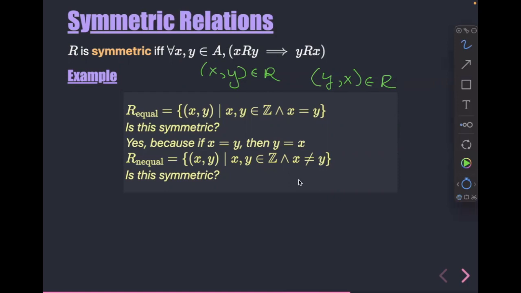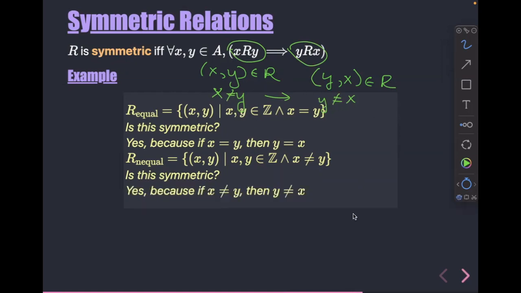So xRy implies yRx. Basically you can think about it like x does not equal y. Does that imply y does not equal x? And that's true, right? If this doesn't equal this, then this also doesn't equal this. So non-equals is also symmetric.